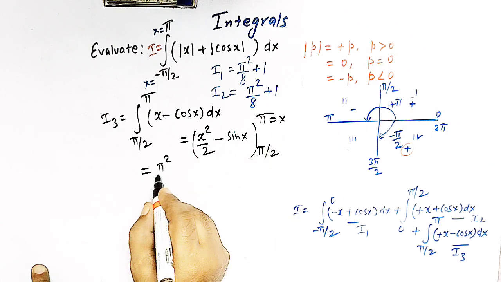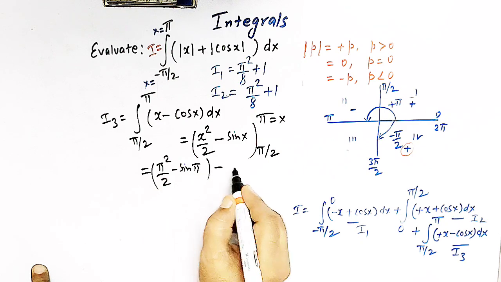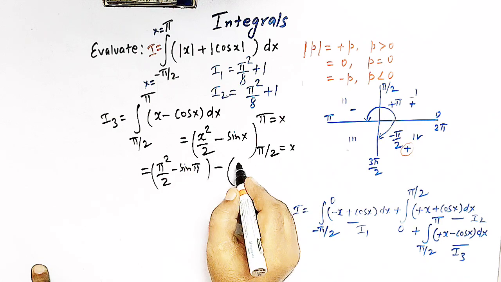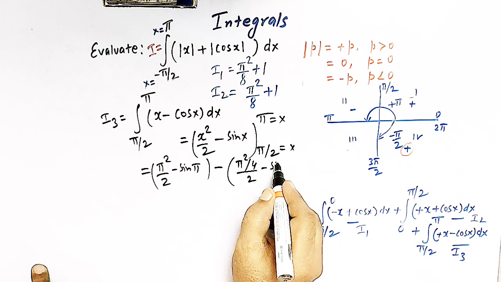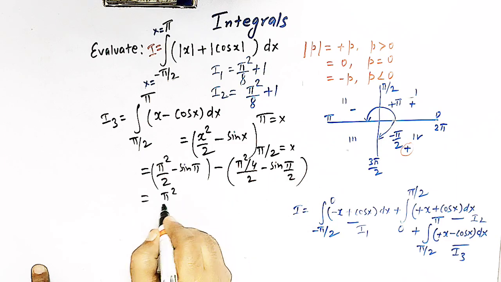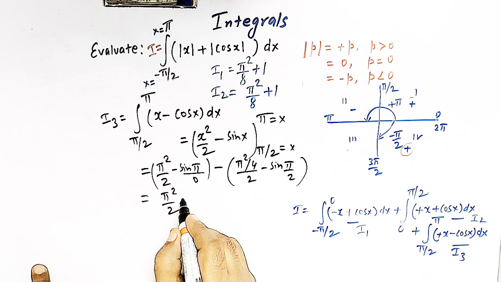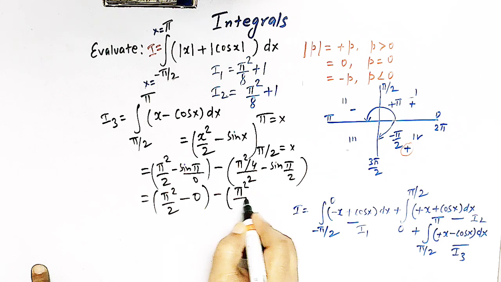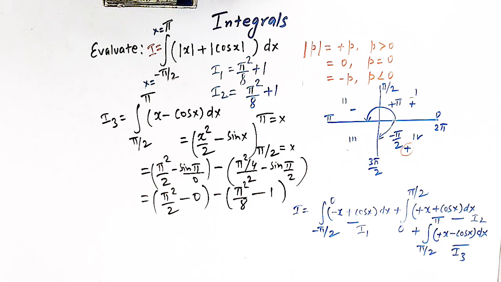So we have pi square over 2 minus sine pi, and then we have the negative sign, and then we take x is equal to pi by 2, pi square over 4 divided by 2 minus sine pi by 2. So here we have pi square over 2, sine pi is 0. So here we have 0, and here we have pi square over 8, and sine pi by 2 is 1.